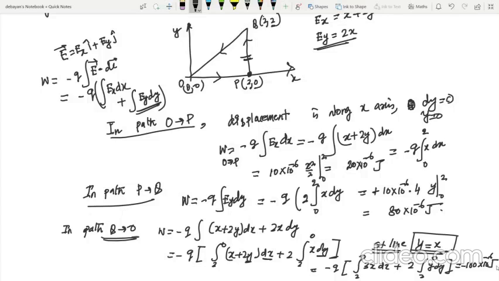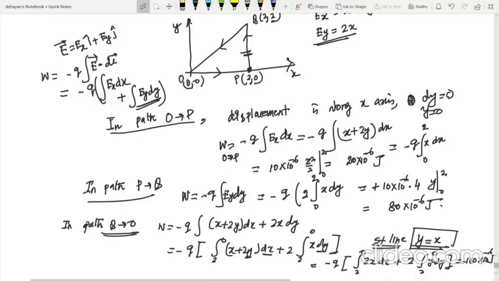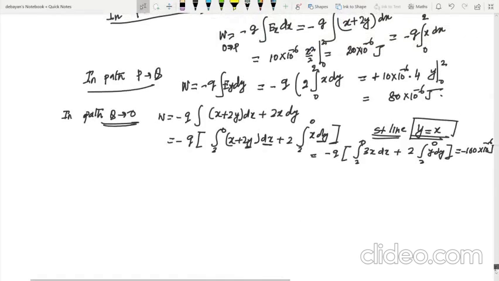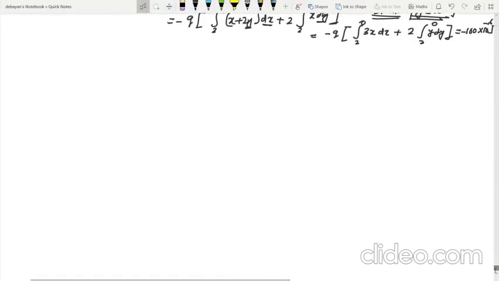Now in some cases the question comes like this: this is a simple question where you have to find the potential. In the previous class we saw what we mean by potential.